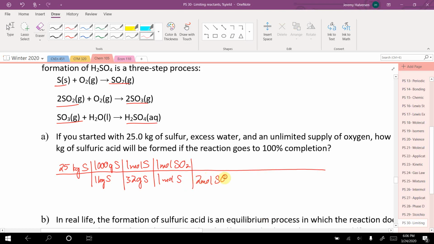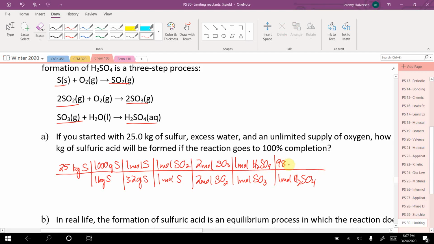Two moles of SO2 make 2 moles of SO3, and 1 mole of SO3 makes 1 mole of H2SO4. Okay, but I'm trying to get to kilograms, so 1 mole of H2SO4 is going to weigh 98.